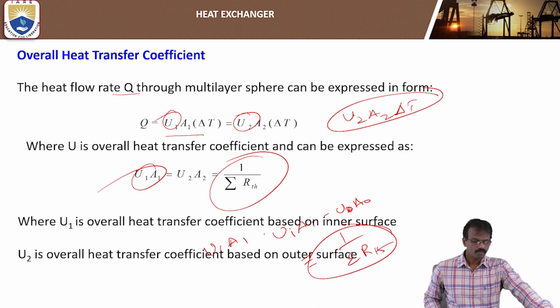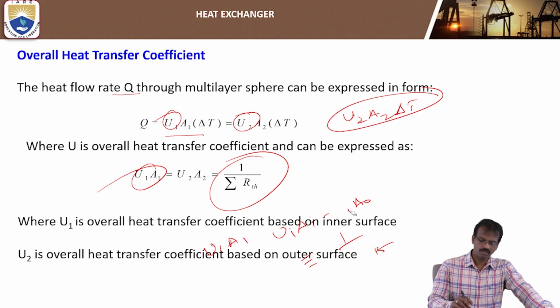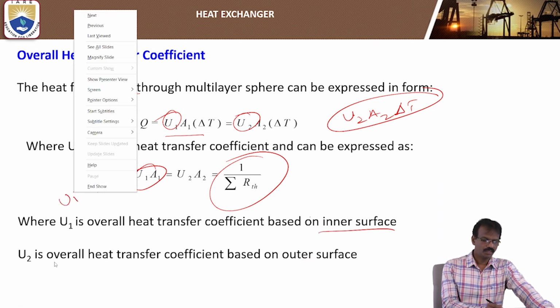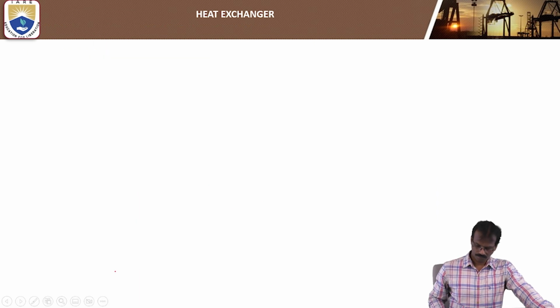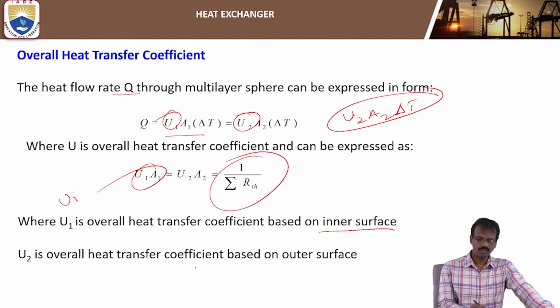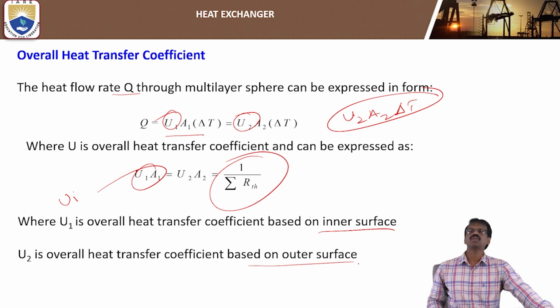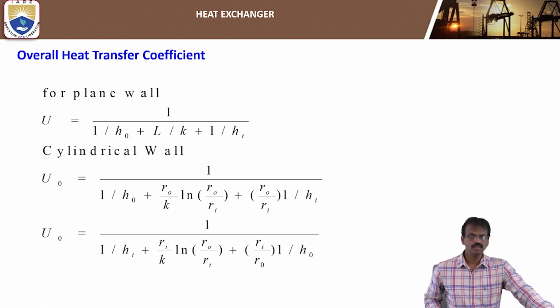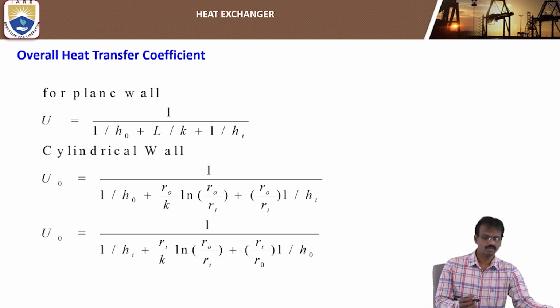Ui is the overall heat transfer coefficient based upon the inner surface, and similarly Uo is the overall heat transfer coefficient based on the outer surface. So these are the different formulas for the overall heat transfer coefficient.